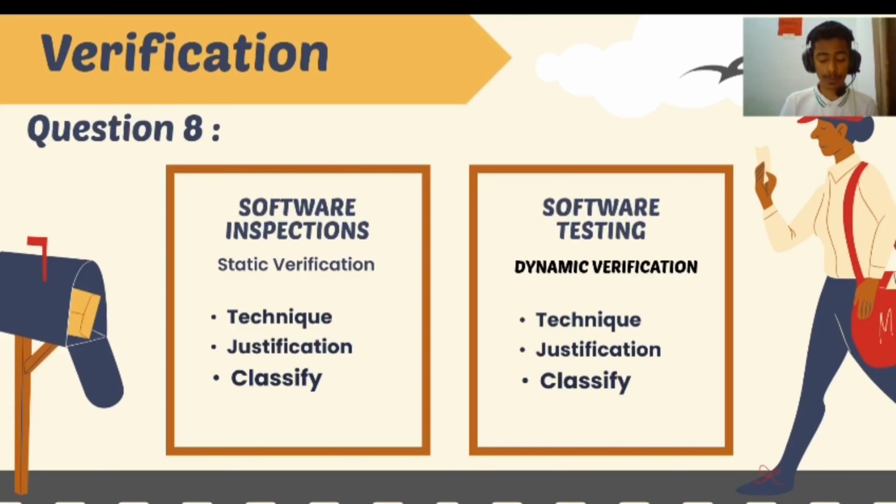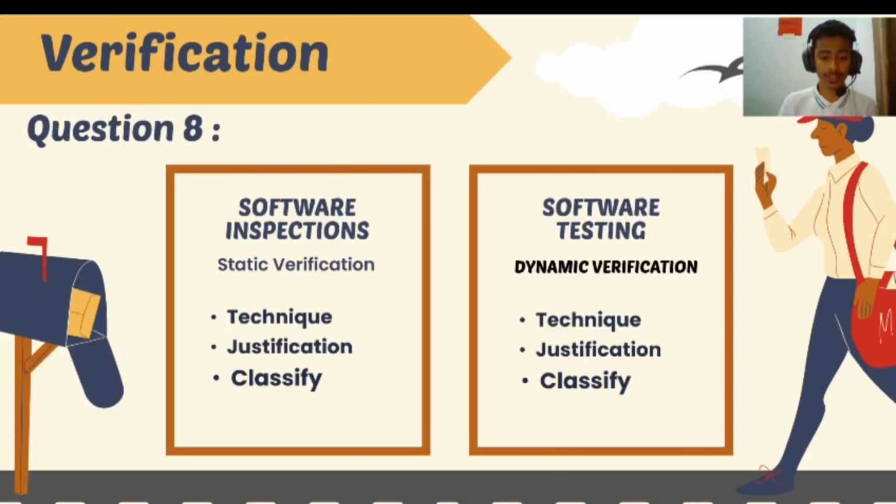The justification: for JNT Express, where precise tracking and operation are crucial, early detection and correction of code errors prevent disruption in delivery service. Inspection reduces mistakes by involving multiple developers to check and fix problems. Classification: this is a static verification method because it involves examining the code without running it, ensuring no mistakes disrupt the system functionality.